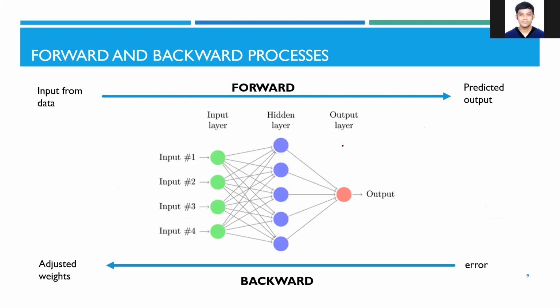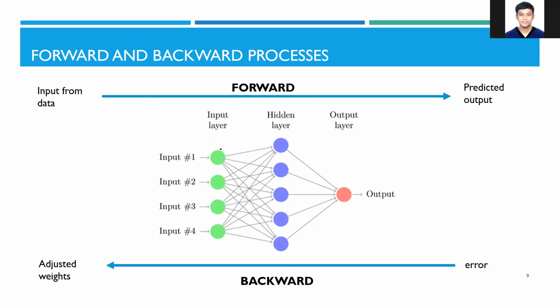Okay, so after we learn about the components, this is the basic process in the artificial neural network. In general, we have two main steps. The first step is the forward step, and the second step is the backward step. What do we do in the forward step? Basically, we process our input into the output. For example, here we have a 4-dimensional input.